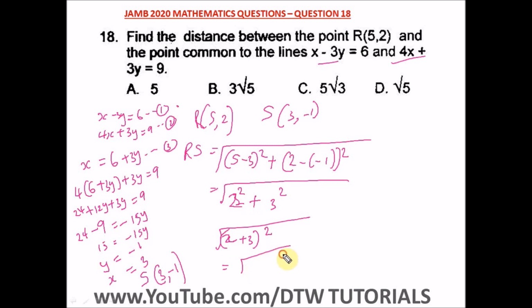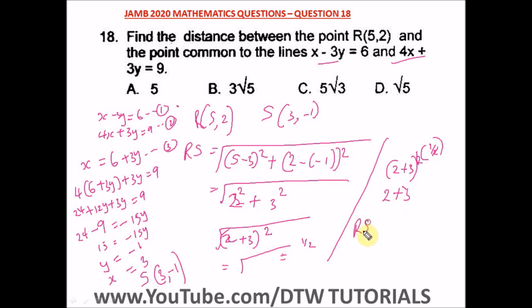Now this root is the same thing as 1 over 2. So this now becomes 2 plus 3 square, 1 over 2. Remember your indices. These 2 will cancel, 2, left with 2 plus 3.